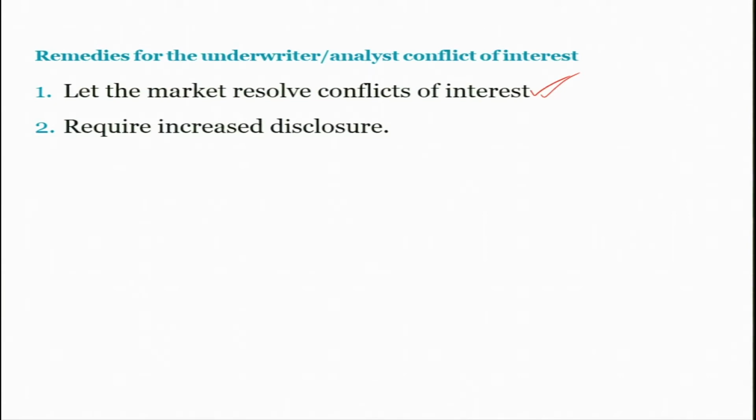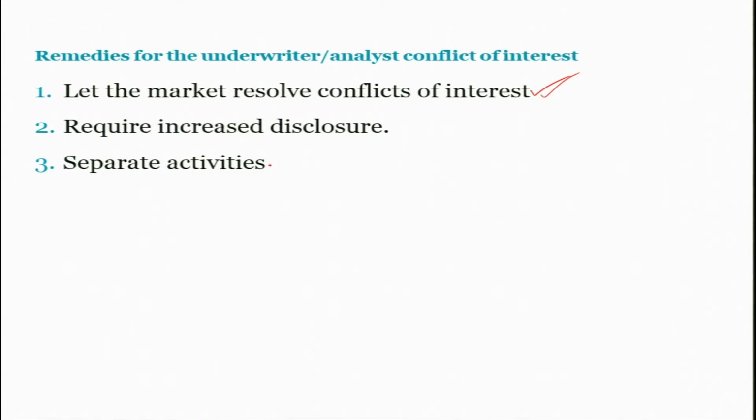And coming to the next remedy, this one is to separate the activities. That means increasing the distance between analysis and underwriting, either by strengthening firewalls within investment banks or by forcing complete separation.